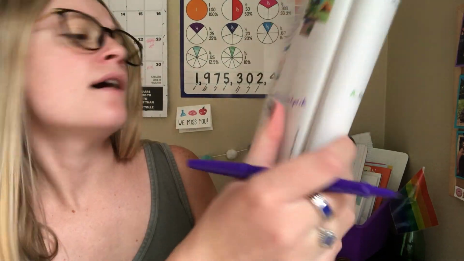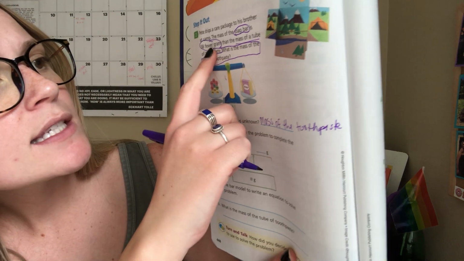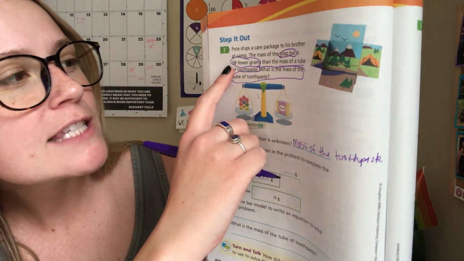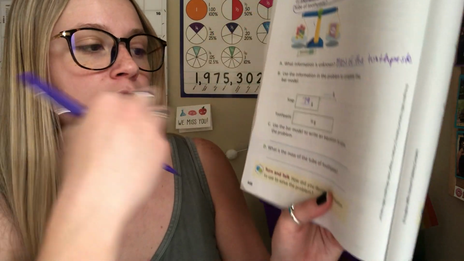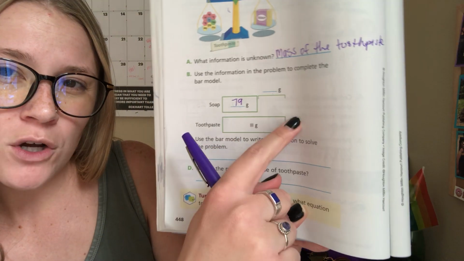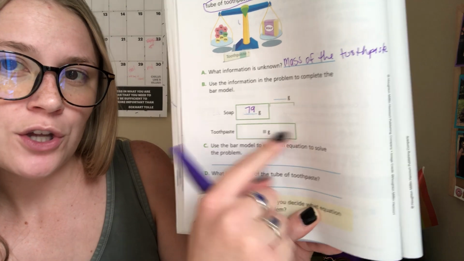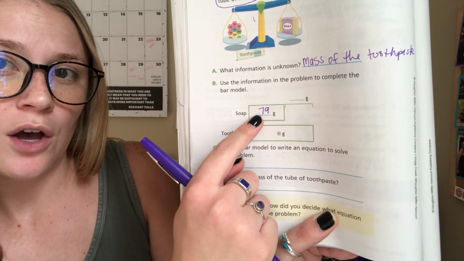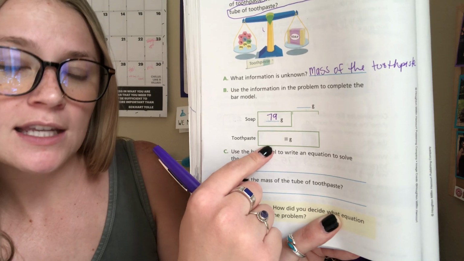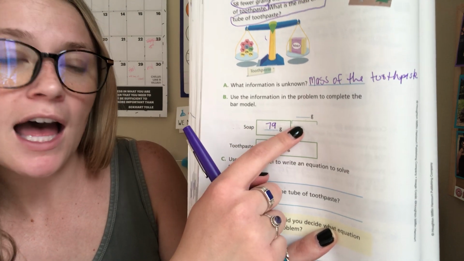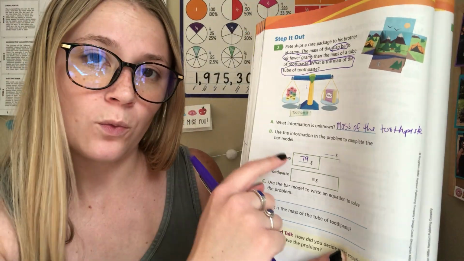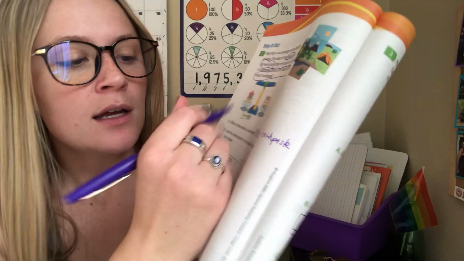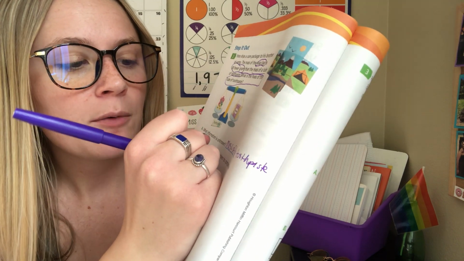And then it says that the mass of the soap bar is 58 fewer grams than the mass of the tube of toothpaste. So here's my full toothpaste. So the weight of the toothpaste is the weight of the soap plus 58 grams, right? Because the soap weighs 58 fewer than the toothpaste. So I will put 58 there.